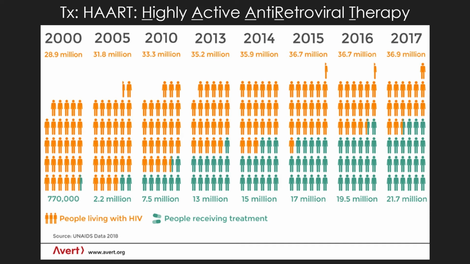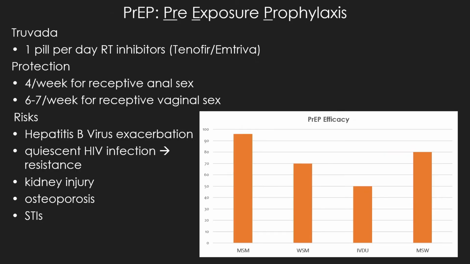antiretroviral therapy. Now, in the United States and other developed countries, not only is this antiretroviral therapy available for people who have HIV, it's actually been used as a preventative or prophylactic treatment.